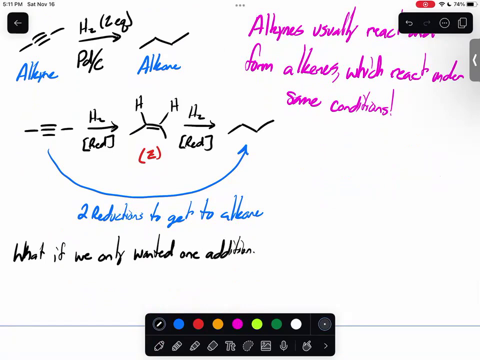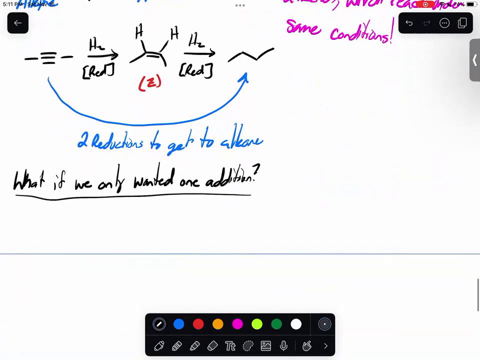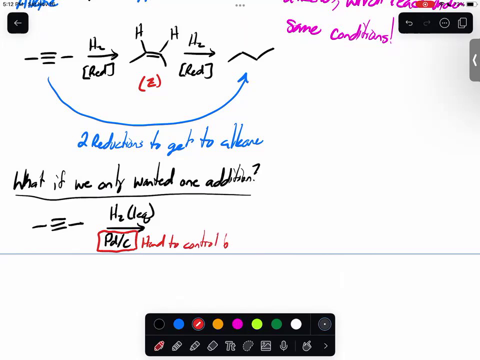Well, essentially, this actually ends up being very difficult for something like a hydrogenation. Say we took that same alkyne, we came in and we did hydrogen, but we did one equivalent, and then palladium on carbon. Well, the one issue here is that this palladium on carbon is actually the one driving the chemistry. And so this reaction's hard to control because the palladium is highly reactive.